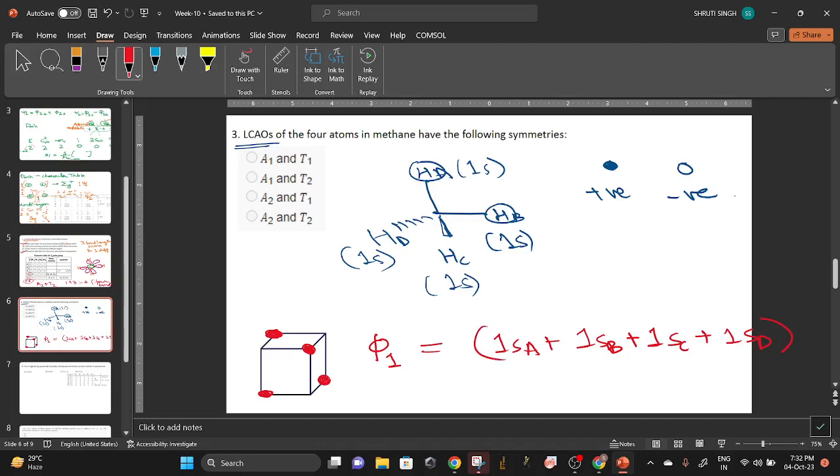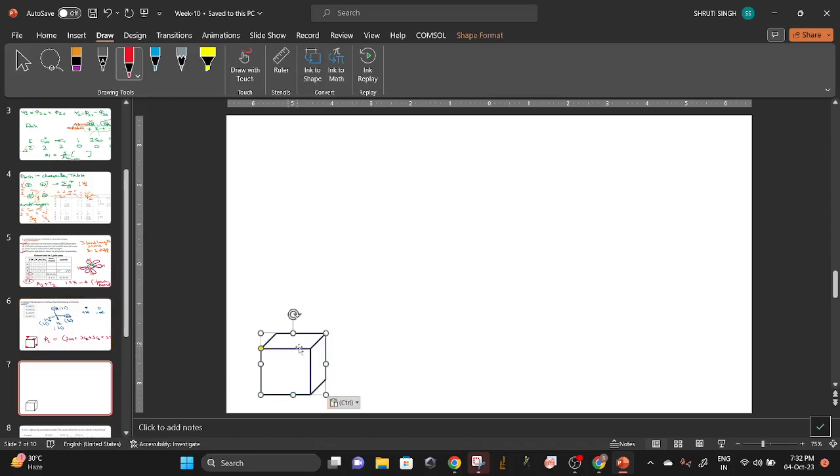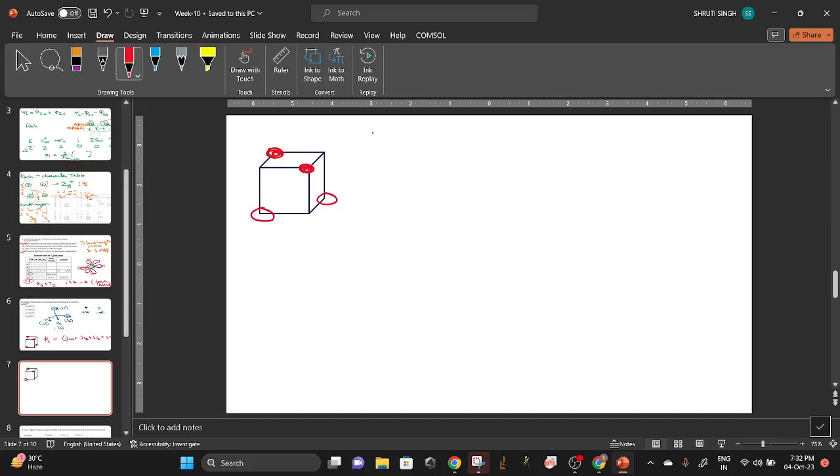Next possibility is that 2 will be in positive phase, 2 will be in negative phase. So the next possibility can be these two positive, and here negative.